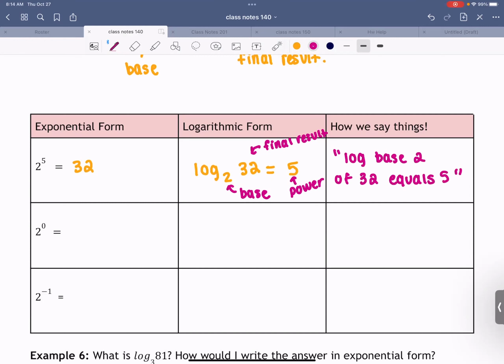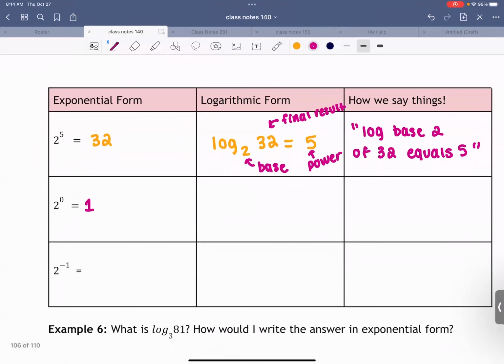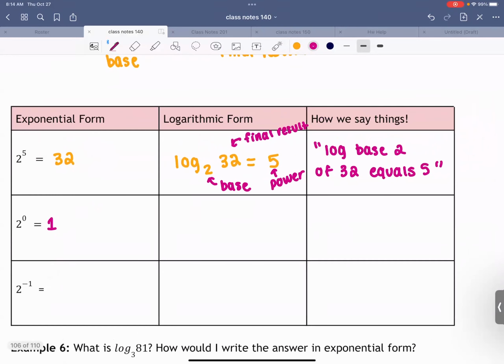Okay, so that's how we pronounce this. Okay. Let's do a few more examples just to figure out all the different things that can happen with this logarithmic form, and then we'll kind of put it into context here. Okay, what's 2 to the 0 power? 1, good. Okay, any ideas on how to write this in logarithmic form?